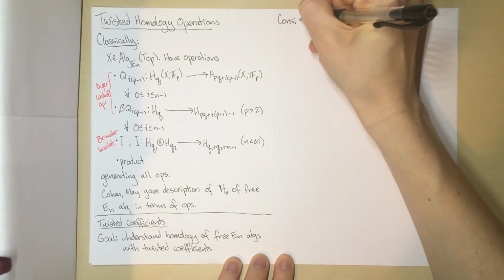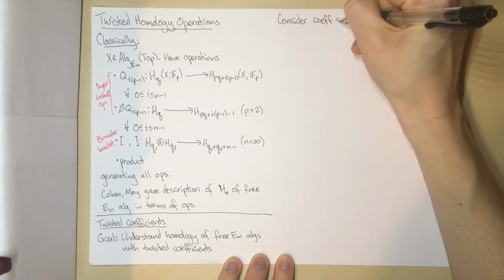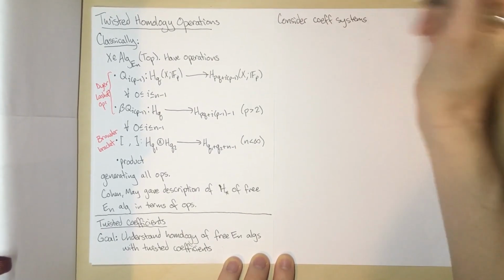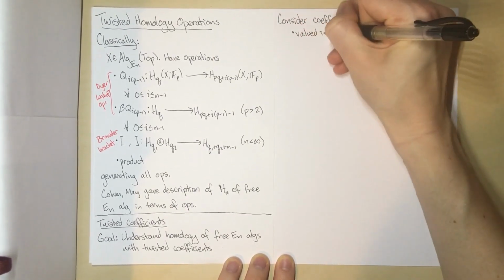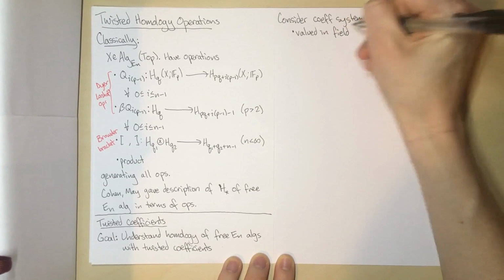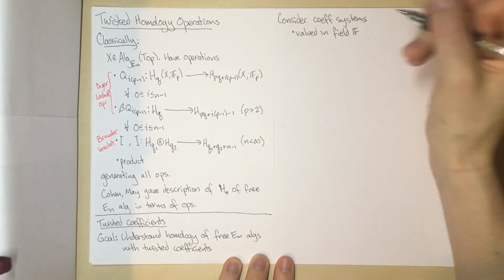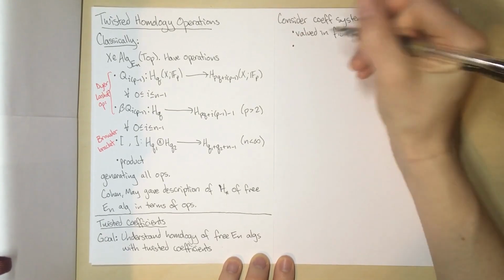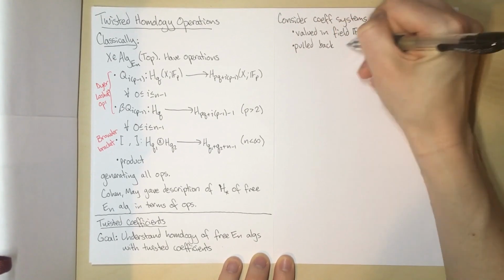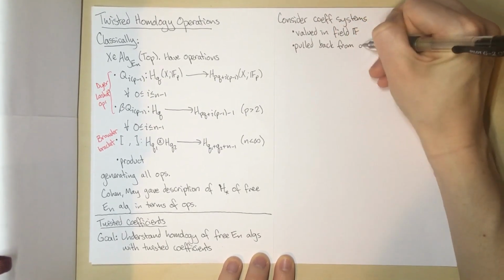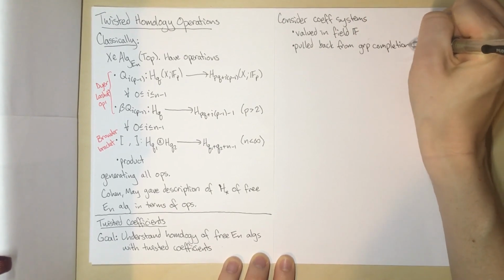So I've chosen to consider coefficient systems that satisfy the following. First of all, they should be valued in some field, which I'll call F. It's similar to the classical case where things are usually defined for field coefficients. And I want my systems to also be pulled back from the group completion. So let me just remind you what I mean by that.